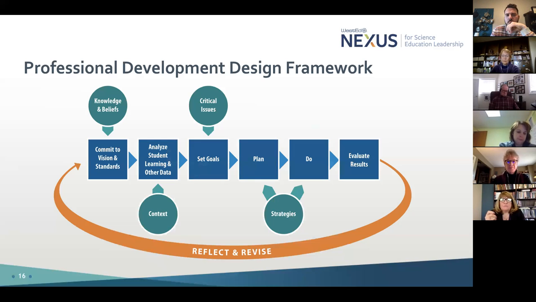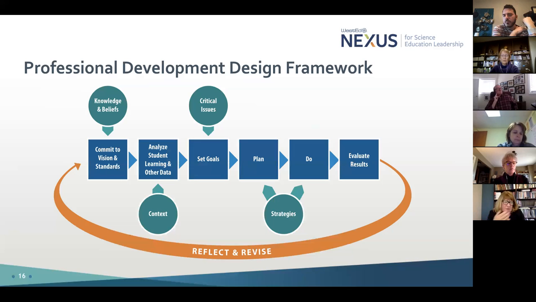And we use both the vision and our assessment of the data to set goals, and then to plan our professional development, to conduct the professional development, and then to evaluate results.